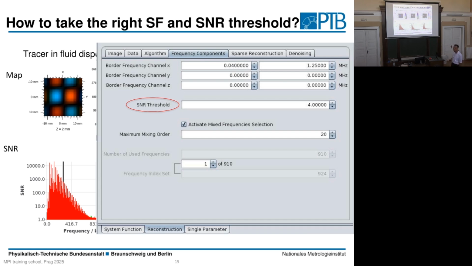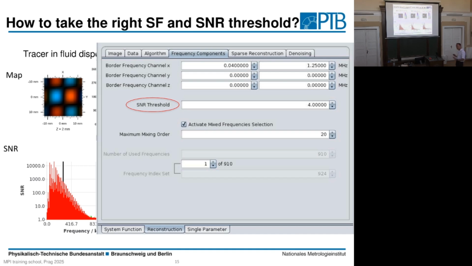And all maps are different. This means in our experiments we have to choose, or to measure, the system function in exactly the same condition that we would like to reconstruct. If they don't match, we make a mistake. It's very important. For instance, if you inject this in the blood but you have measured the system function in water, it's not the same. Because in blood, immediately you have opsonization and a lot of effects. This will change the situation.